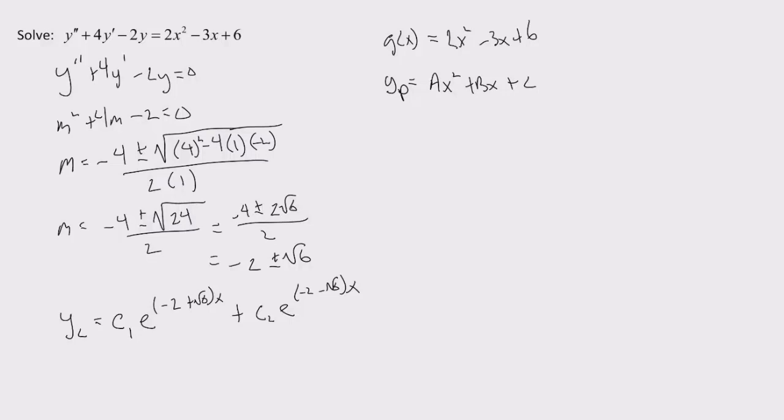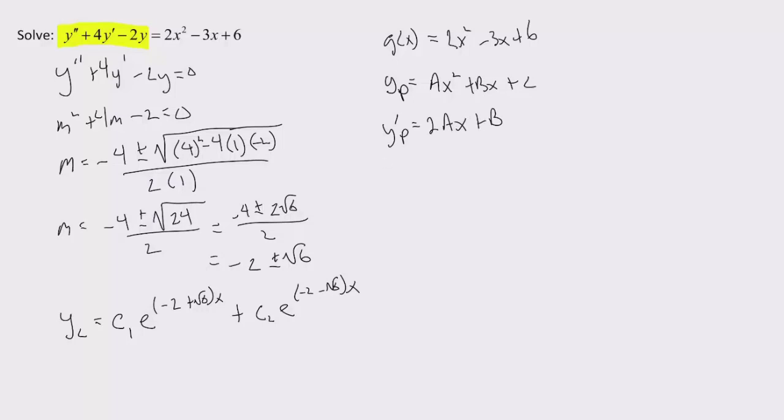And then we're going to look at derivatives. We're going to make a connection, so I need a y, and I've got an equation for y. I need an equation for y prime, so that's 2ax plus b.